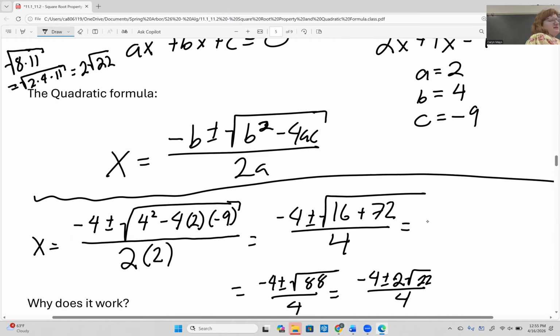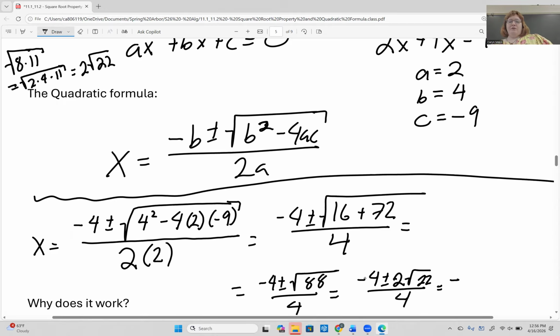Anything else now that I could simplify down? Could I add the 4 and the 2? No, because they're not like terms. The square root 22 makes them different types of terms. Could we cancel the 4s? Generally, yes, in that each thing could be divided by that 4.